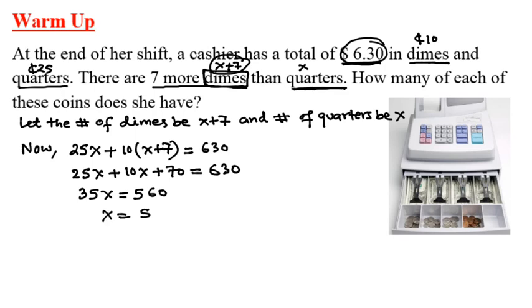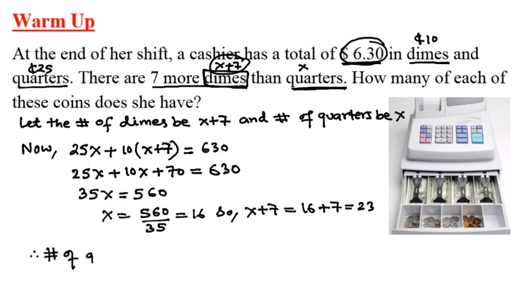So x equal to 560 divided by 35, that is equal to 16. x equal to 16. So x plus 7 will be equal to 16 plus 7, that is equal to 23.